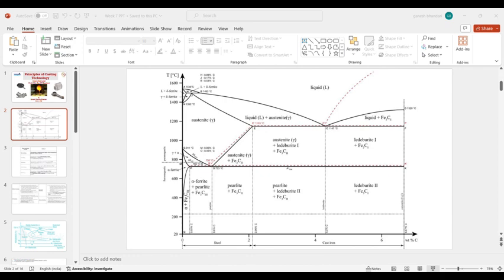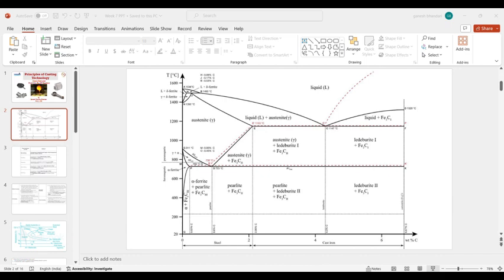If you are going to treat your mild steel above this temperature, here we can see the temperature is 723 degrees Celsius, that alpha ferrite plus pearlite phase is going to convert into austenite, if we are going with 0.8% carbon steel and heat it above 723 degrees Celsius.